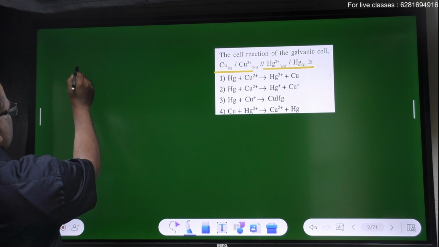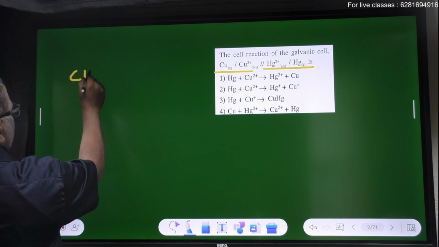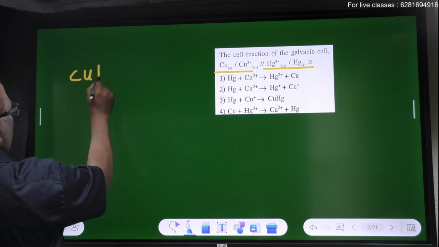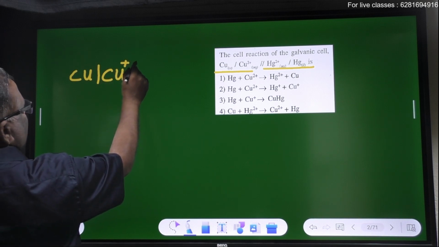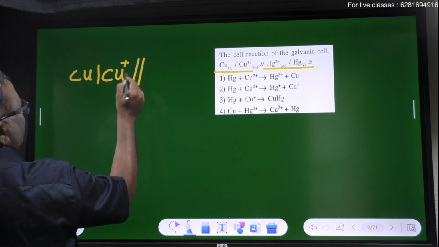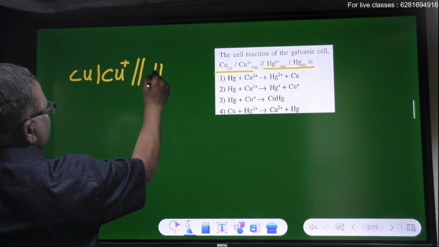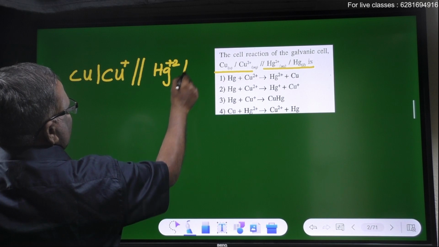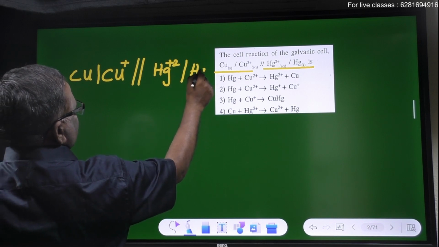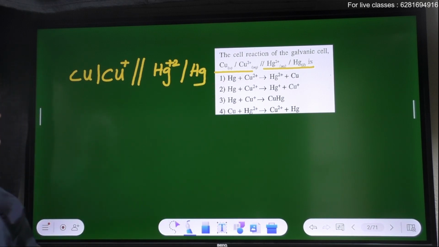Here it is Cu, represented as Cu oblique Cu+2. Then there are two vertical lines indicating the salt bridge, then Hg+2 slash Hg. So this is the galvanic cell.